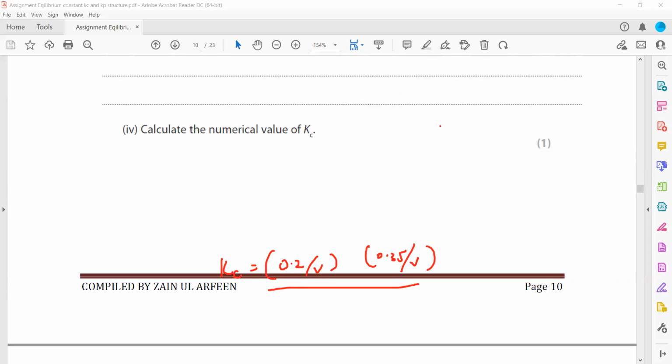Divided by the reactant, 0.20 divided by volume and 0.1 divided by volume. So this V will cancel, and we are left with only moles, so I can directly substitute the moles. The answer for this one is 3.5 with no unit.